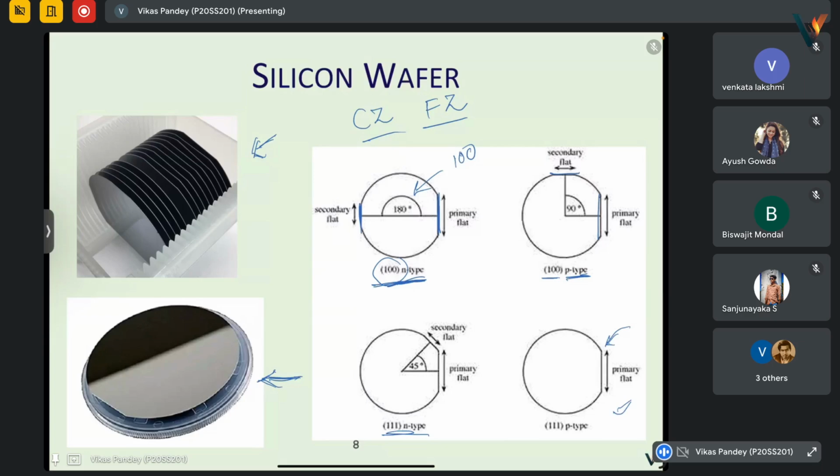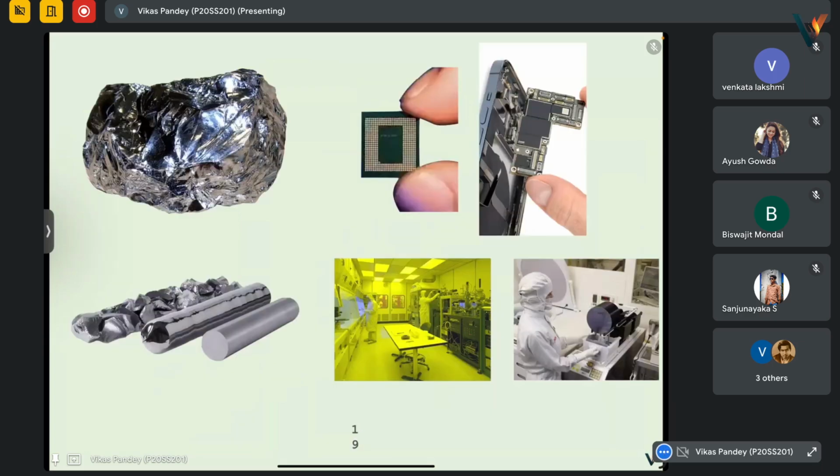If you see the process, it starts from such a structure, and such ingots are made, and then they are cut and sliced. You can see the details of this whole process in some microfabrication lecture.